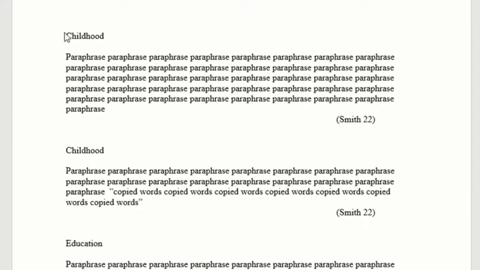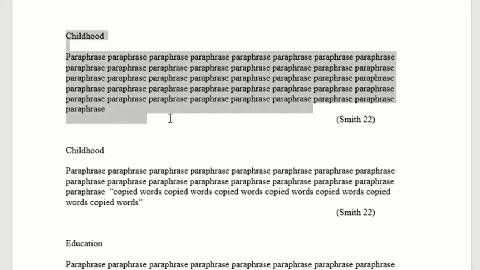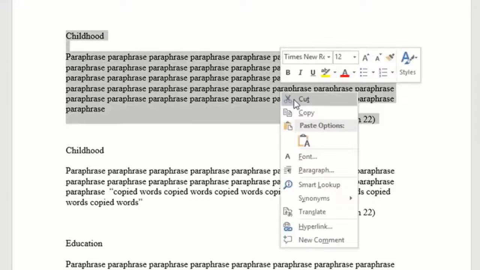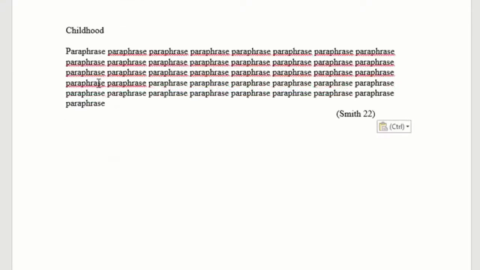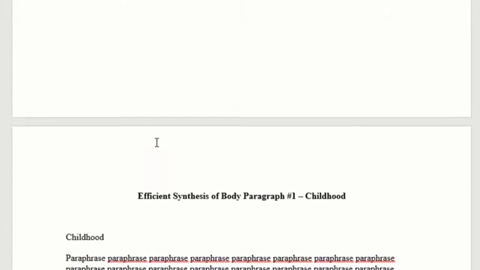So I'm going to take all the information about childhood, and I'm going to copy it, and I'm going to paste it down here in my document that is my rough draft about this famous person's childhood. Okay, and look at that. The in-text citation, Smith, traveled with that information.